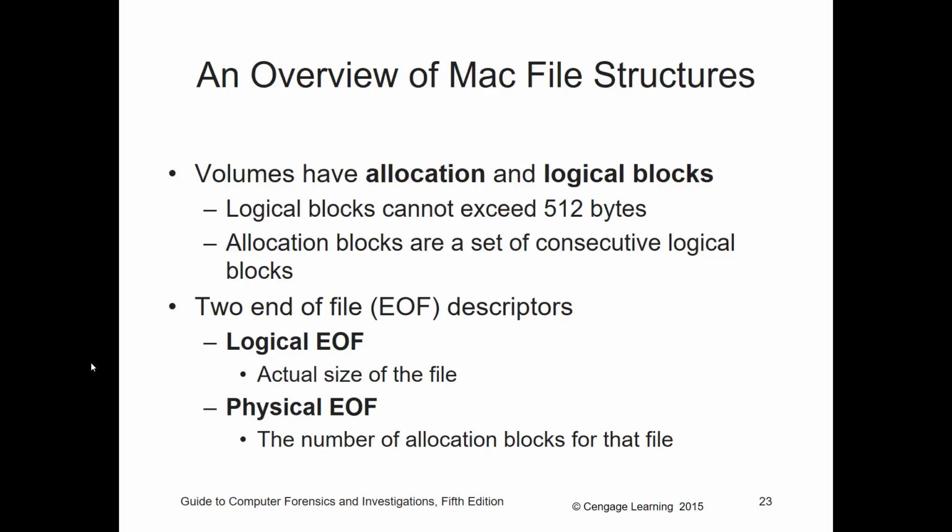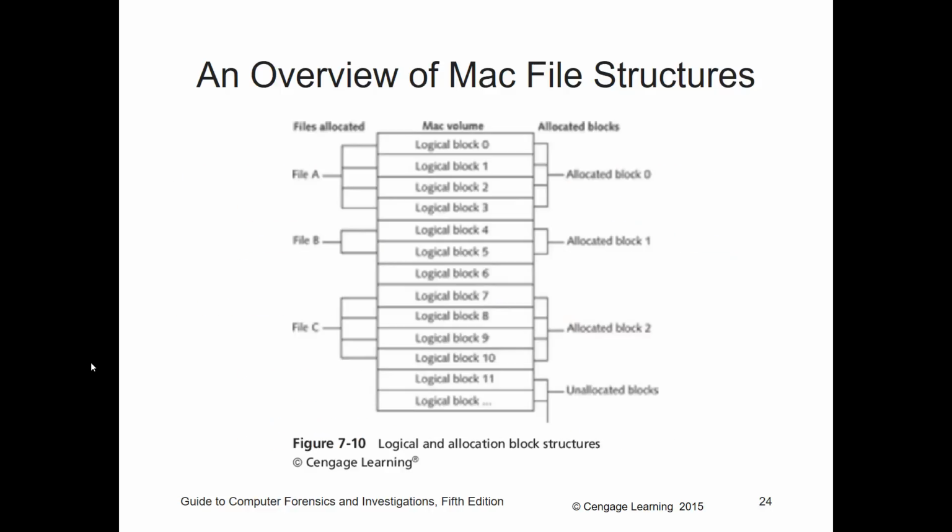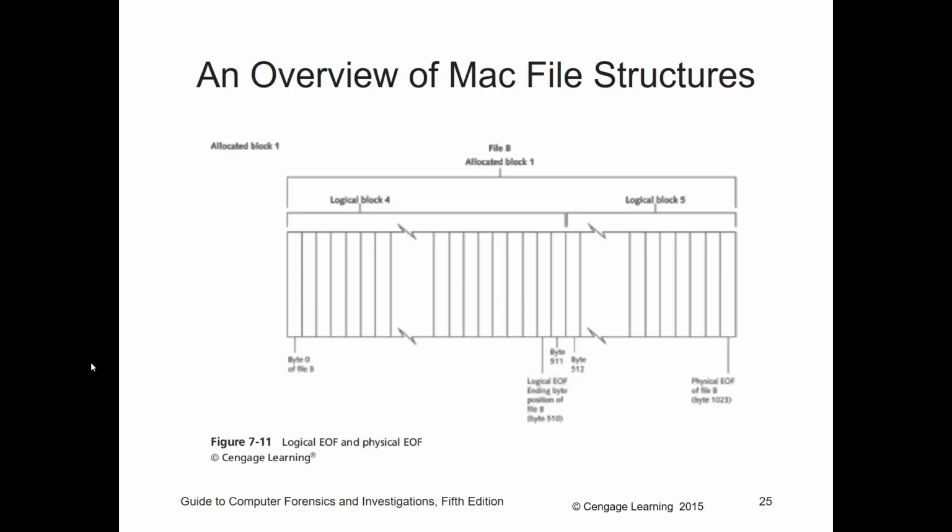So let's look at an example. Here we have our file allocation. We have the appropriate logical blocks for the appropriate files and allocation blocks. If we look at file B, again, here we have the logical blocks. Again, notice the 512 byte cutoffs.